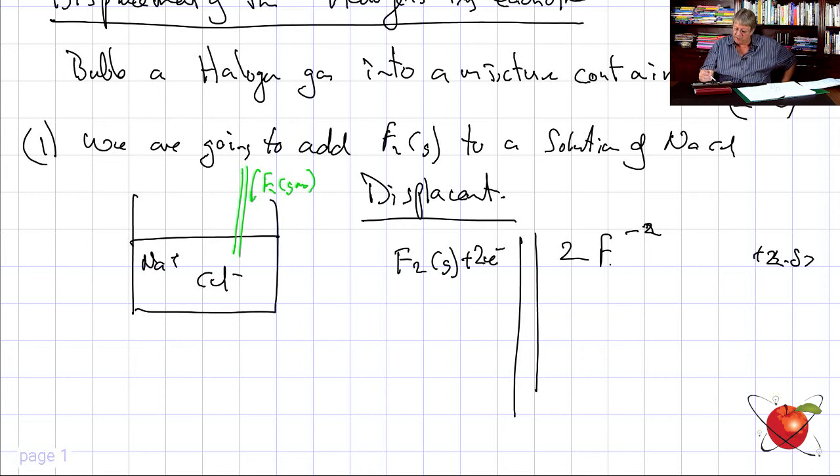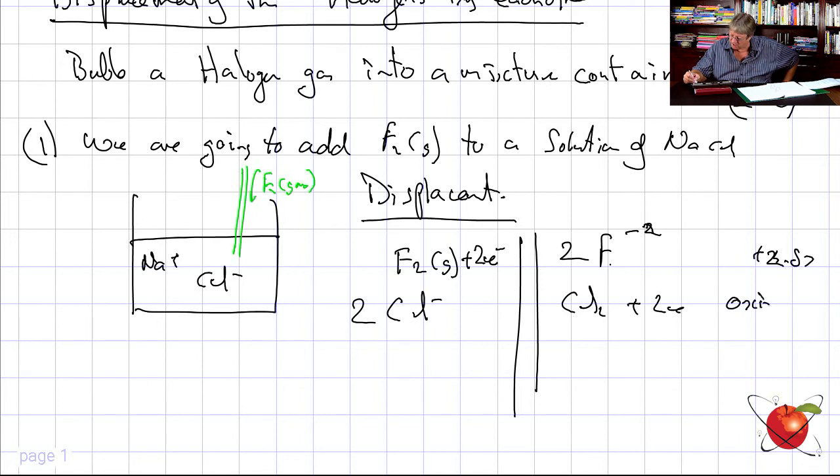So remember, I'm putting F2 into it. And what am I saying? I am then asking, will Cl minus change to Cl2 plus 2 electrons? That's what I'm asking it to do. Is that not true? This is my oxidation, isn't it? This is my reduction. And if you want to know where the oxidation Cl2 is, it is at plus 1.36 volts.